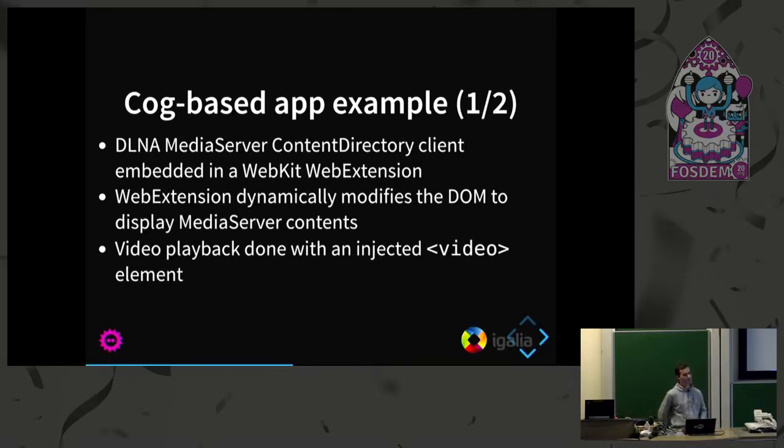In that web extension, I use a UPnP library called libgupnp. I use it to discover the media servers on the network. Then for each server, I modify the DOM and add list elements to the rendered HTML page, so I dynamically build a web page based on what's on the network. Then I can do the video playback with the normal video element, which is standard nowadays in WebKit.